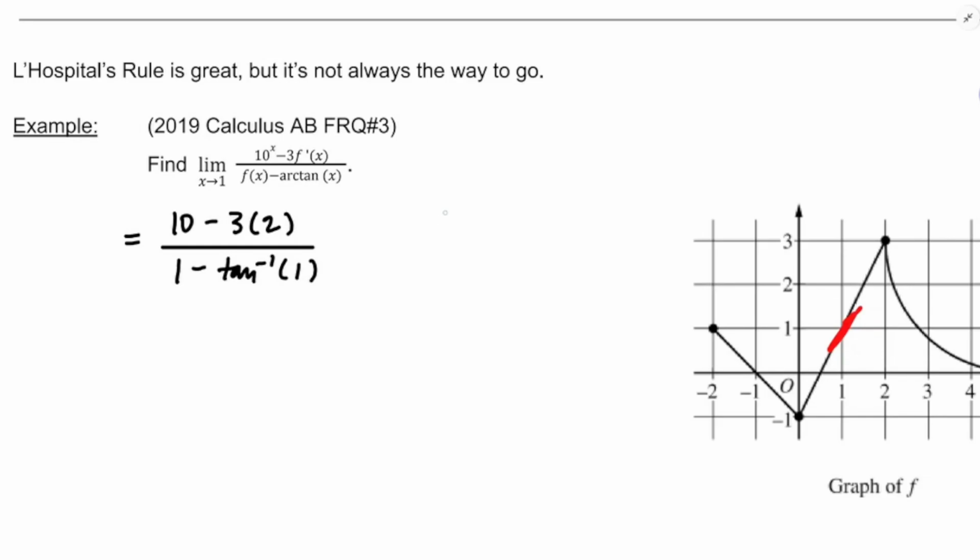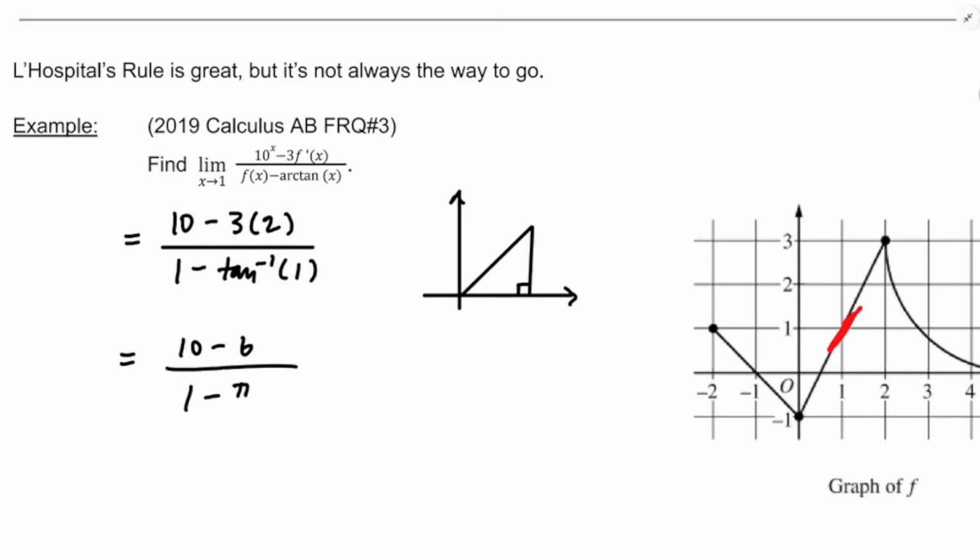We're going to need to figure that out, at least in my class. The most obvious place on the unit circle where tangent would be 1 is right here, where sine and cosine are equal. We've got that 45-45-90 triangle. That is theta equals pi over 4. So this is equal to 10 minus 6 over 1 minus pi over 4.